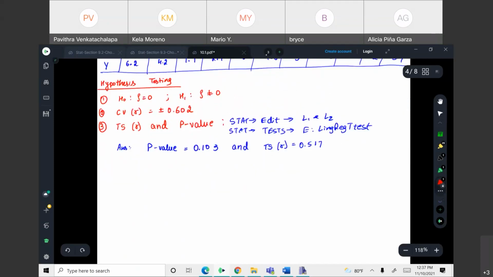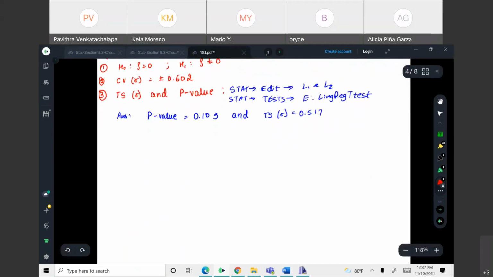Now that I have p-value and also R from critical value and test statistic, we also have alpha. So all we do is compare p-value with alpha. The p-value which we got is 0.103, alpha in the example is 0.05. So 0.1 is greater than 0.05.